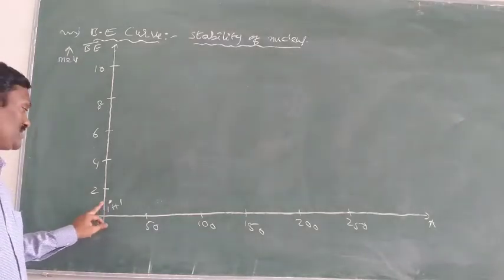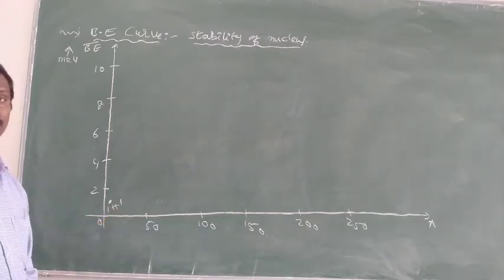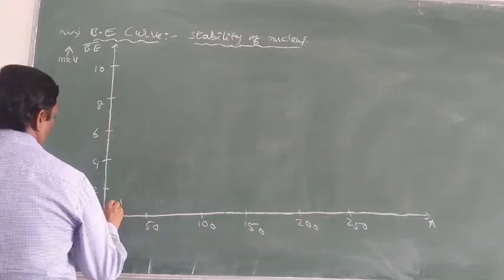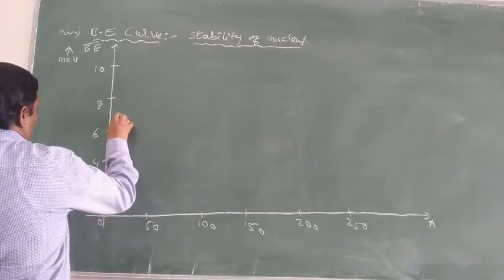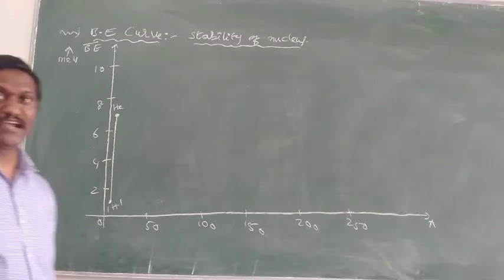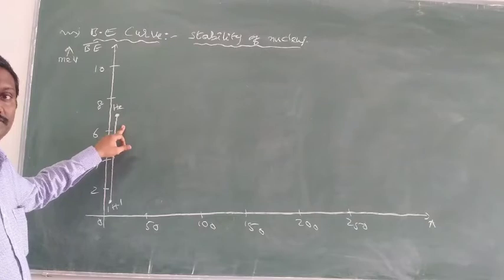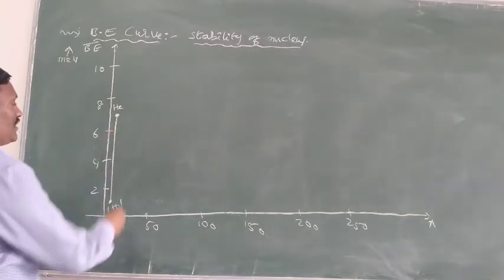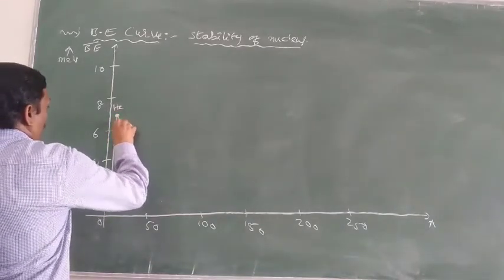After hydrogen, the next element is helium, which has an average binding energy of around 7 MeV. After helium, the next element is lithium, whose average binding energy slightly decreases, to around 6.5.